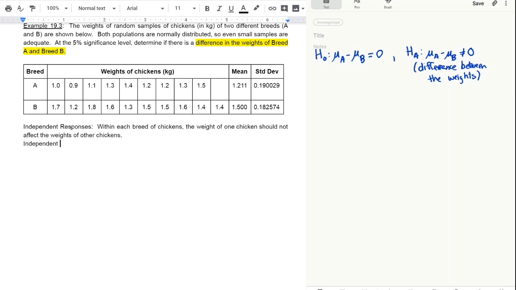And because we are looking at comparing two different populations, we have the independent groups assumption. So this says that the groups must be independent of each other. So the weight of a breed A chicken should not affect the weights of breed B chickens, and vice versa. So the weights of a breed B chicken should not affect the weights of breed A chickens.